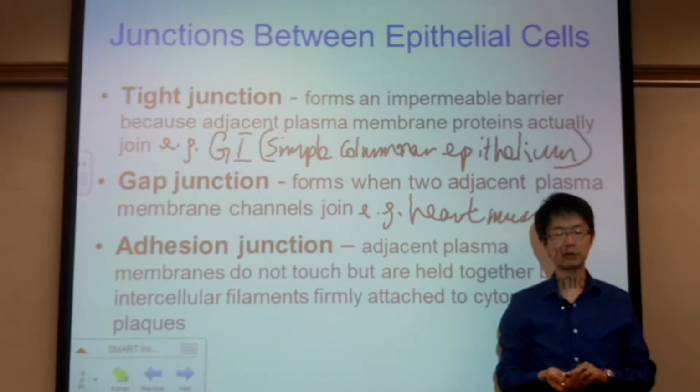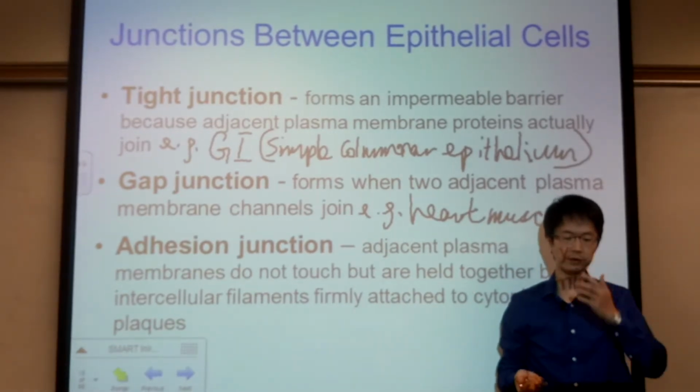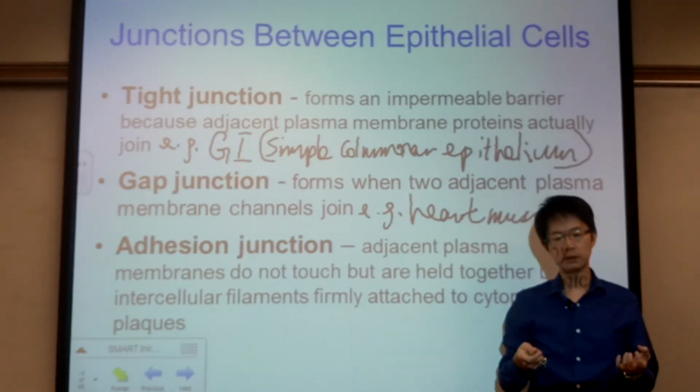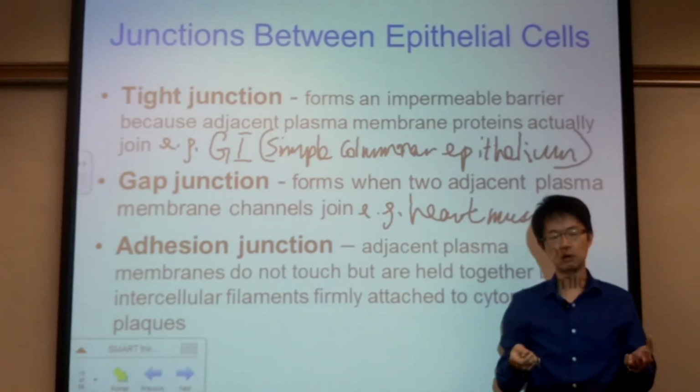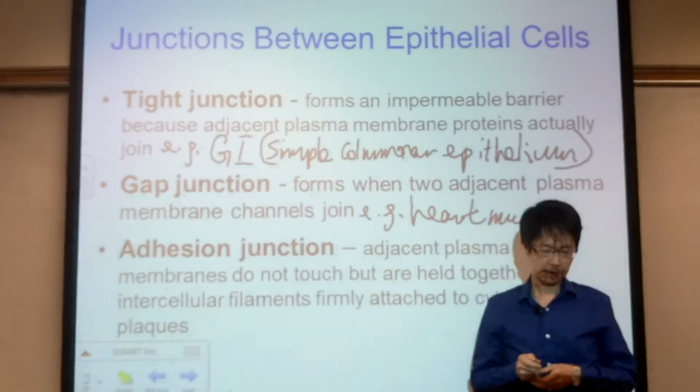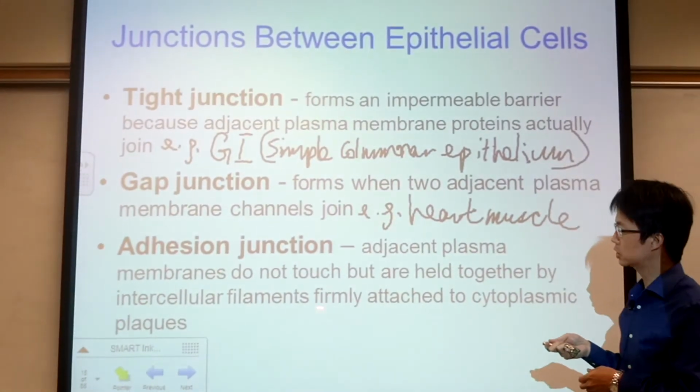So the cytoplasm of two cells will become one, so that when one heart muscle cell contracts, all other heart muscle cells will contract at the same time because of the gap junction connecting all the cytoplasm together. And then adhesion junction.